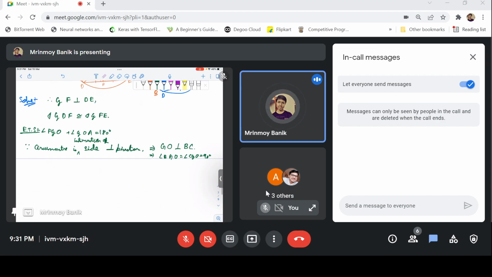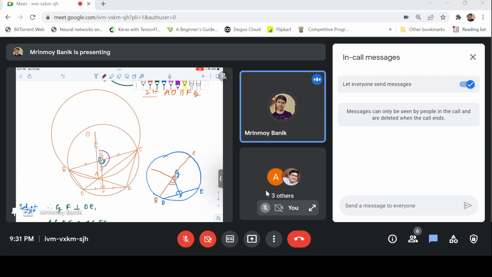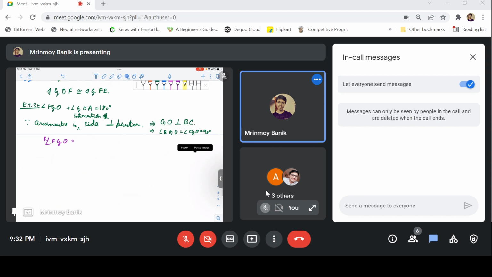Right, let me write it in purple. So reflexive angle FGO. Let me make it smaller. So here is a small copy for us to refer. So reflexive angle FGO equals 90 degrees plus angle FGC.